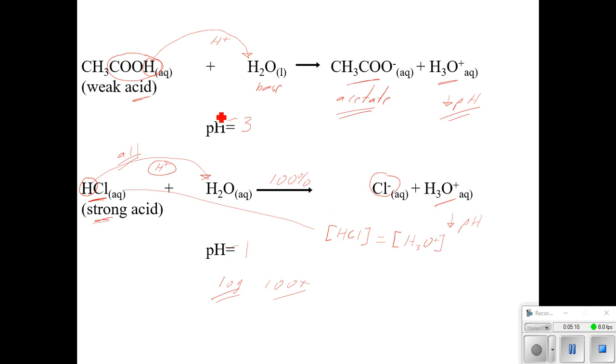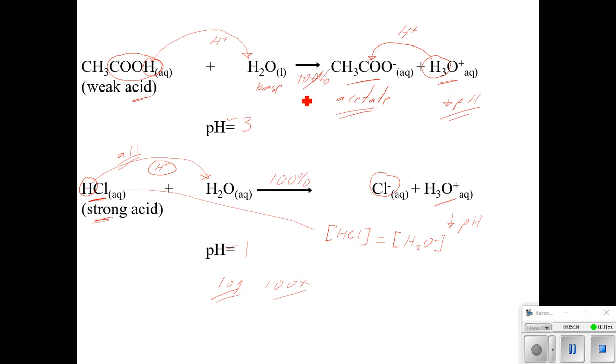Now let's jump up to our weak acid that we have here. So in this case, yes, we do have protons that are being donated to the water, but on the other side, some of these protons are going to go in the reverse direction and they're going to be donated back. So we don't have 100% of the protons that are donated.